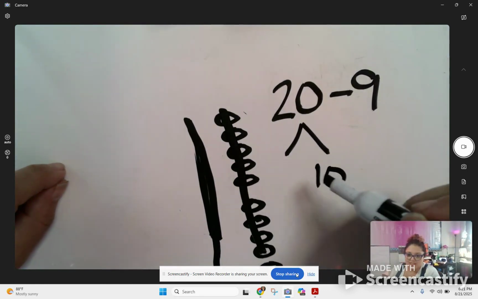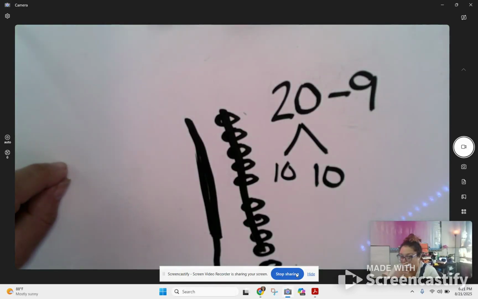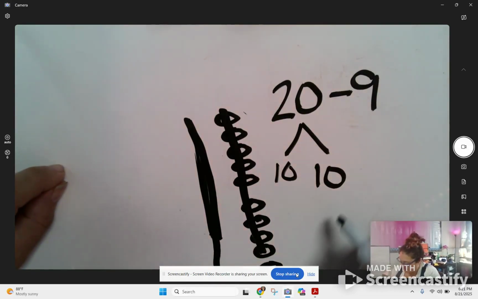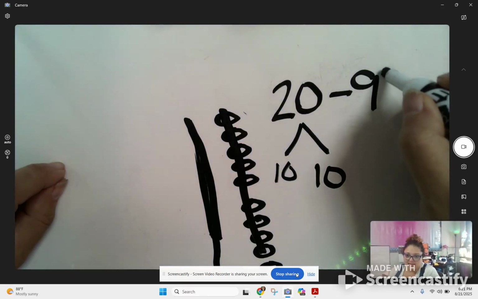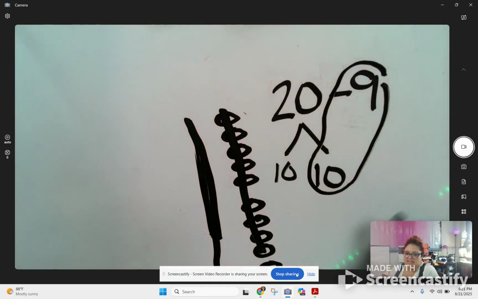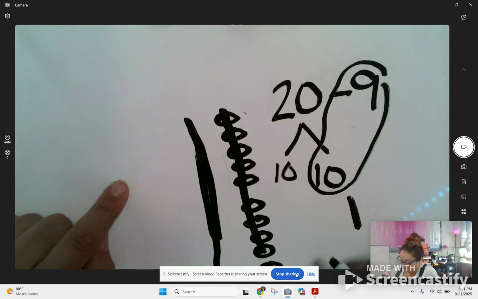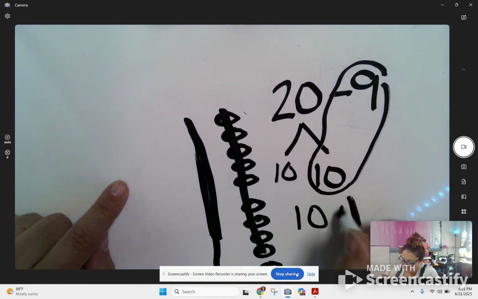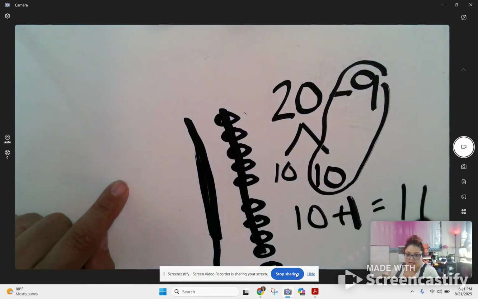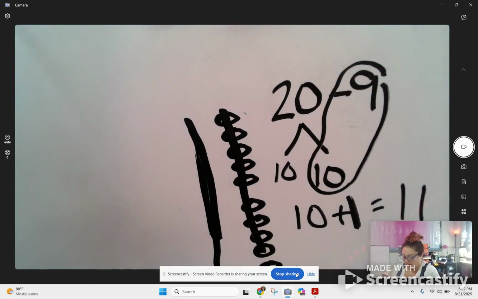So always I do this, and then of course the other one would be 10, because taking 10 out of 20 is 10. And then you're taking that 9 out of just the 10 now, just like we did here. And then that leaves me with 1, just like it did here. And then I still need to add this 10 and this 1 together, which is going to give me 11. So it still came up with the same answer. But these are just two different ways to show the same exact thing.